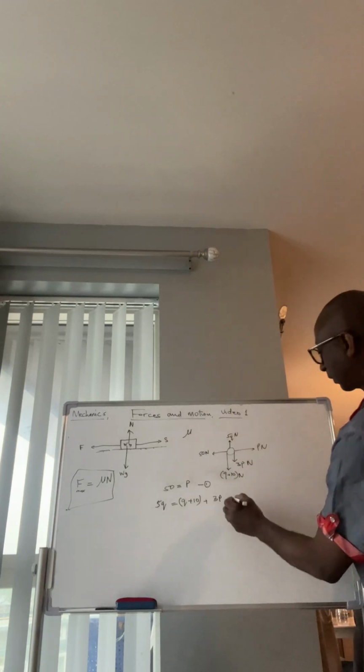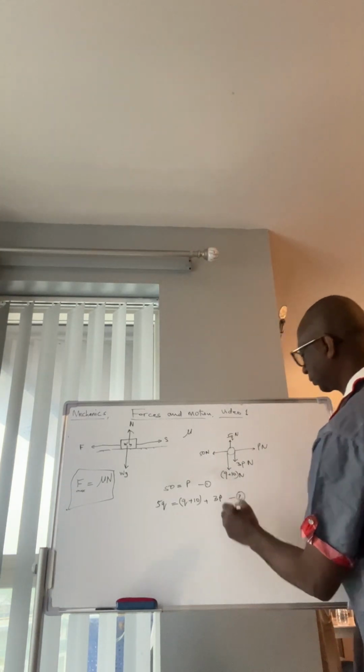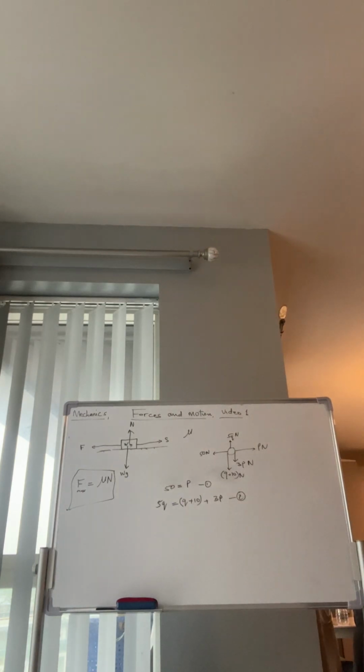And this is our equation number two. So 50 equals P. 5Q equals Q plus 10 plus 3P. So we know P is 50. Straight away, we got one.